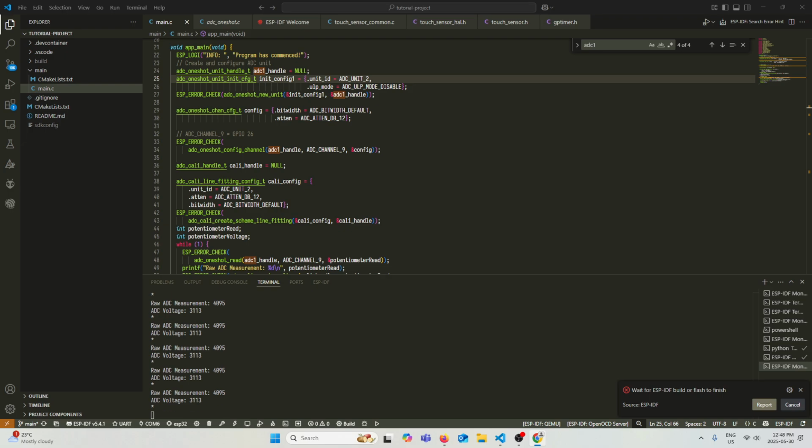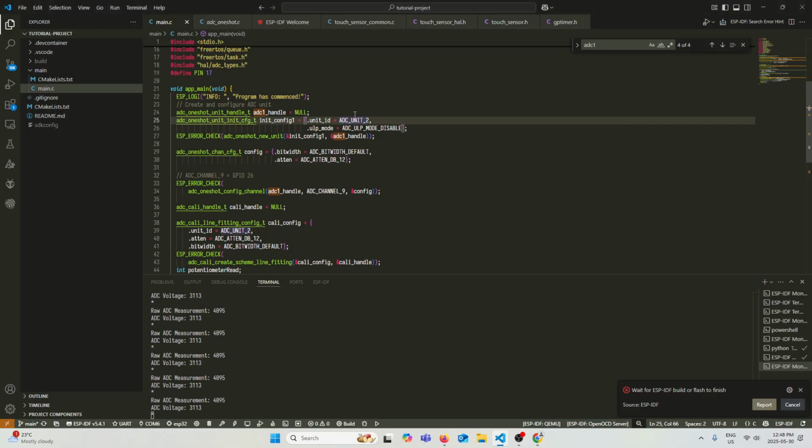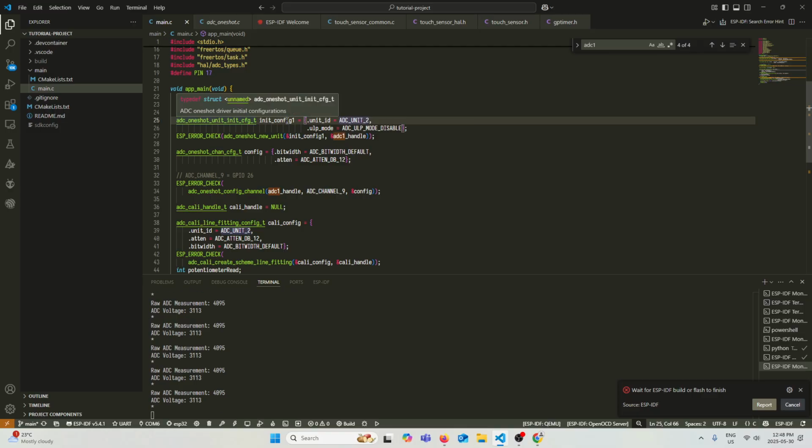Okay, so that's the difference between the two units: Unit 2 can't be used when Wi-Fi is being used. We'll create the handle, the config, create a new unit and channel. We configure the channel, the bit width, the attenuation.